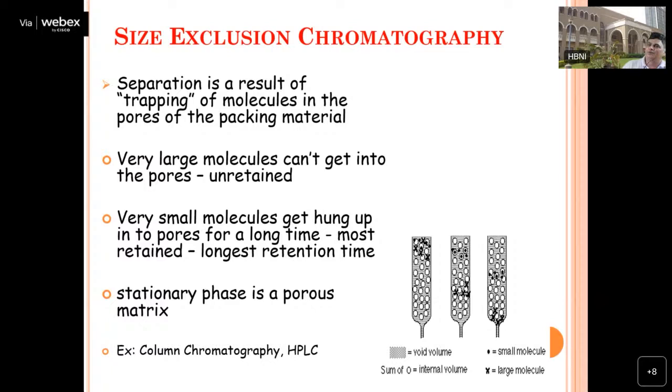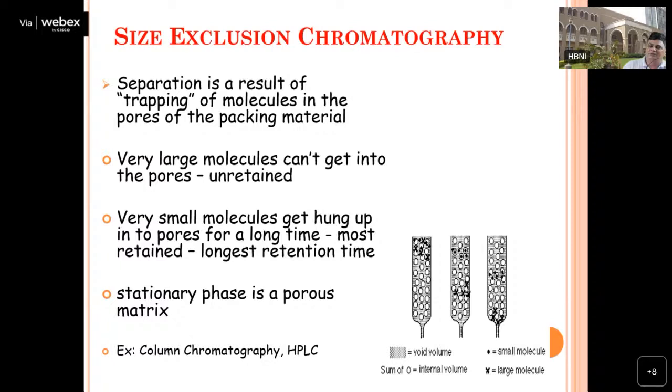Very large molecules can't get trapped in them, so they remain unretained and come out fast. Very small molecules get held up in those pores for a long time, until we use another mobile phase to remove them, so they are retained for a longer time.